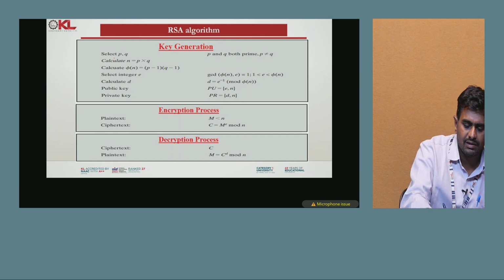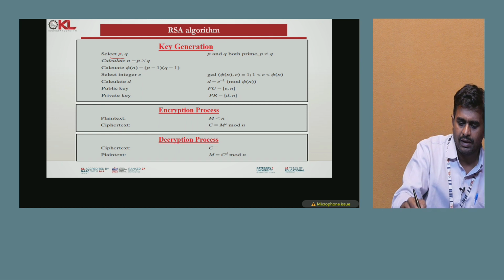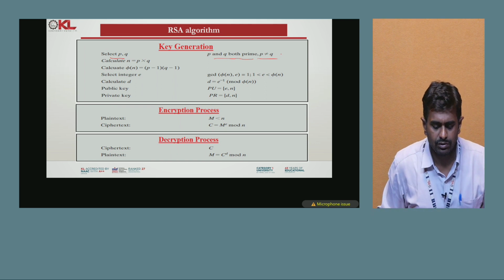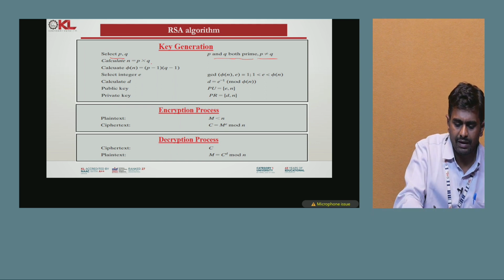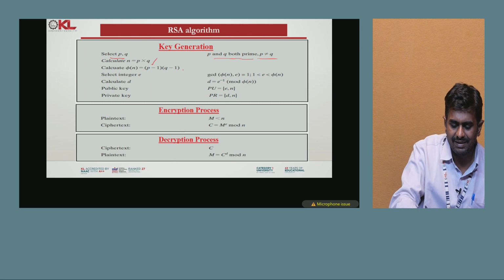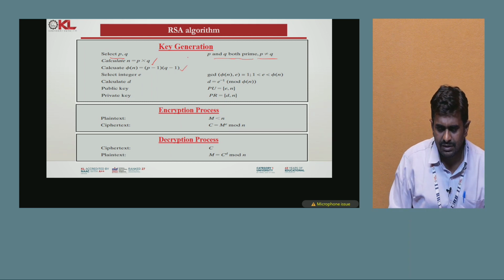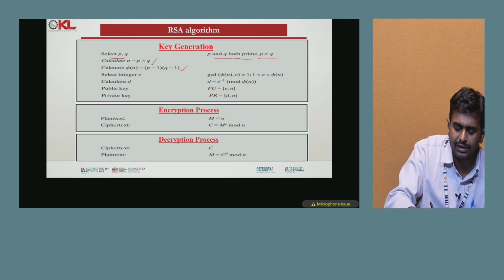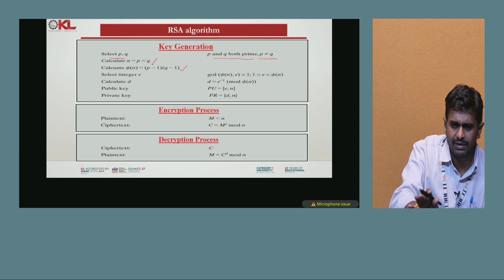First select the P and Q values. P and Q are both prime numbers and P is not equal to Q. Now calculate the n value: n equals P into Q. Calculate the phi n value using Euler's totient function: phi n equals (P minus 1) into (Q minus 1). Just simple formulas.